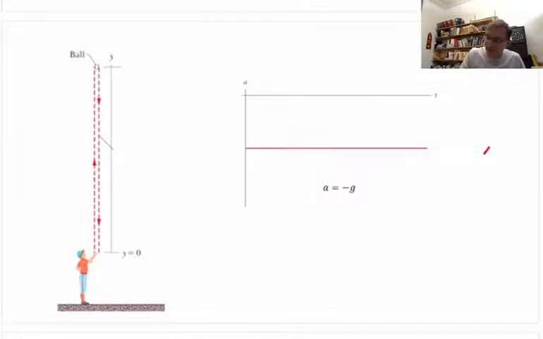What do we see here? We see a pretty simple looking plot. There's the time axis, so a value of 0 of acceleration is right there where the time axis is. Going up this way would be positive values of a, but our a, of course, is negative g.